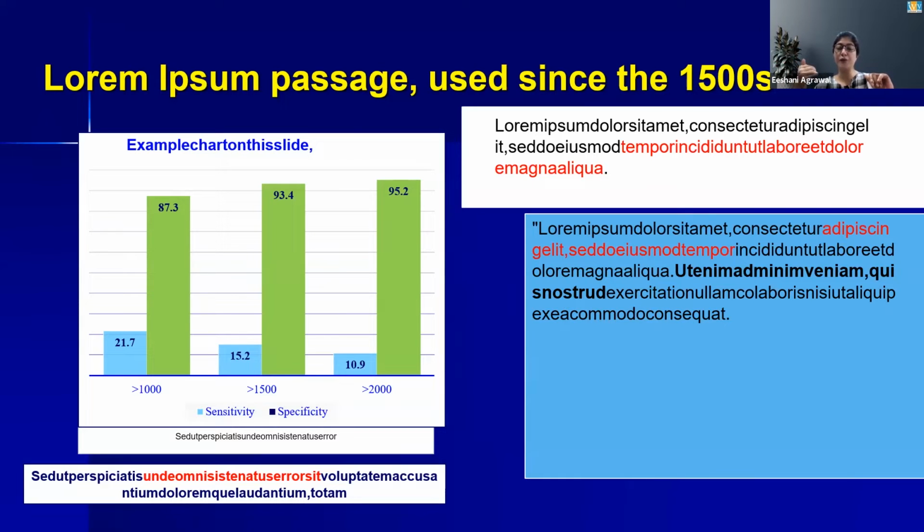Another thing which is not correct in this particular slide is the colors. There are way too many colors in this particular slide deck. There is green, there is blue, there is yellow, there is red, and of course the black color, plus a different color over here also.